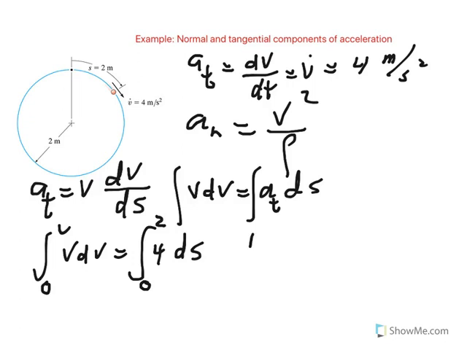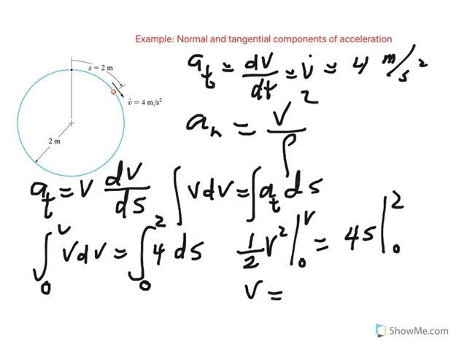We get 1/2 v squared evaluated between 0 and v. And the integral of 4 with respect to position becomes 4s evaluated from 0 to 2. So if you plug in, we get an 8 on the right hand side and 1/2 v squared on the left. If you give the 2 to the other side, we get 16. So velocity comes out to be 4 meters per second at that instant.